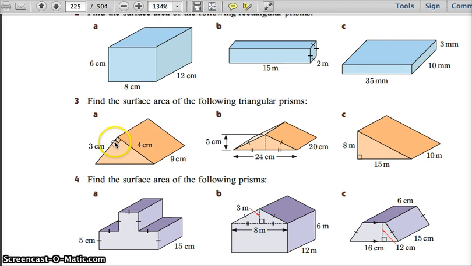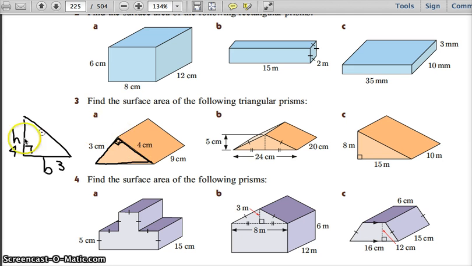Okay, so to start with, I've spoken before about rotating that so that the right angle is on the ground, and that makes finding the base and the height far easier. So your base becomes 3 and your height becomes 4.